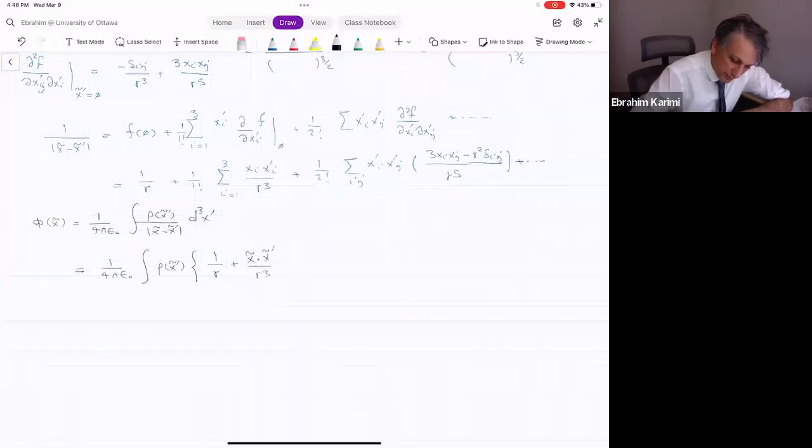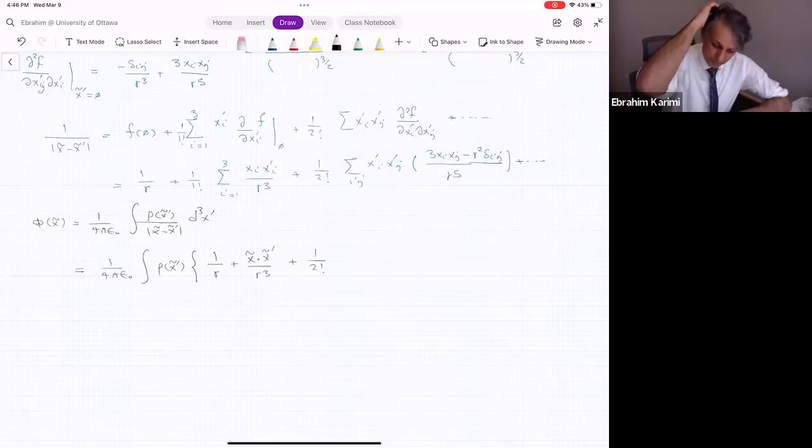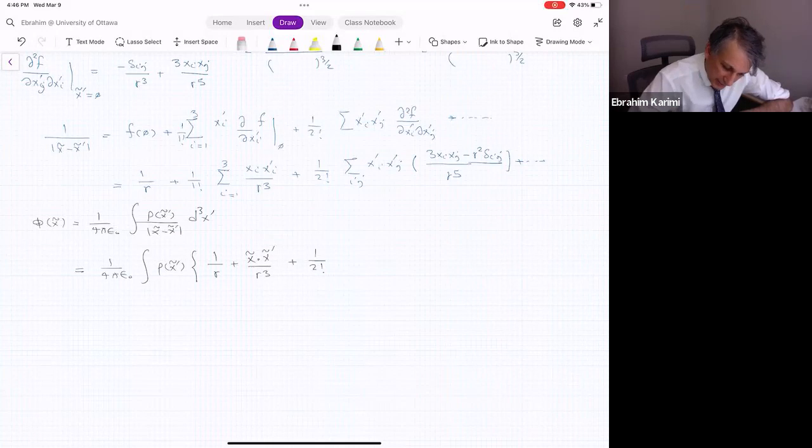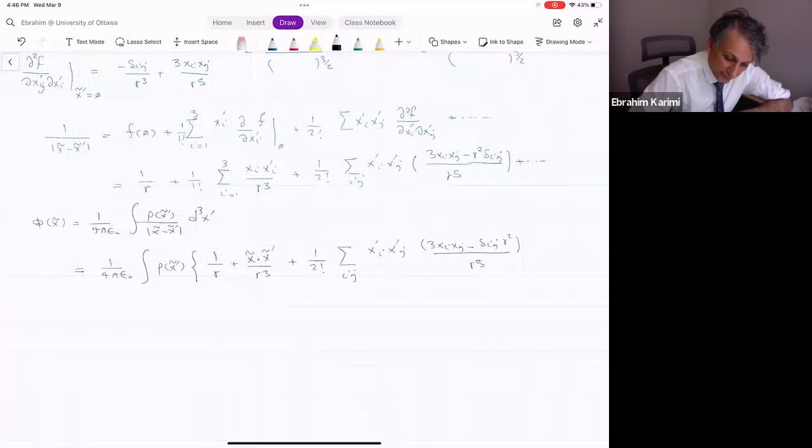Divided by r to the power of 3 plus 1 divided by 2 factorial. That term has a little bit of complexity, but I will keep it in the same way. i j, x prime i, x prime j, 3 x i x j minus delta ij r squared divided by r to the power of 5, plus the other terms, d3 x prime.